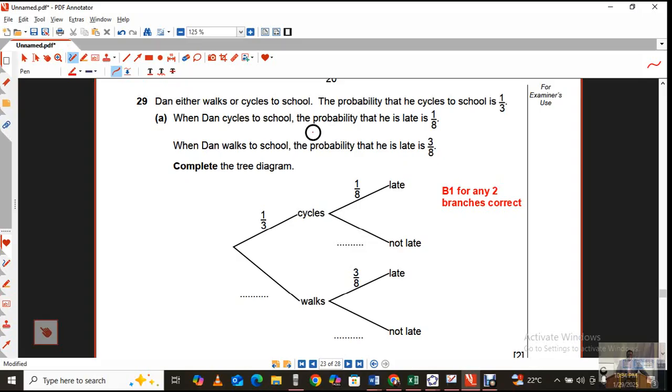When he cycles to school, the probability that he is late is 1 over 8, as you can see. When he walks to school, the probability that he is late is 3/8. You have to complete the diagram.